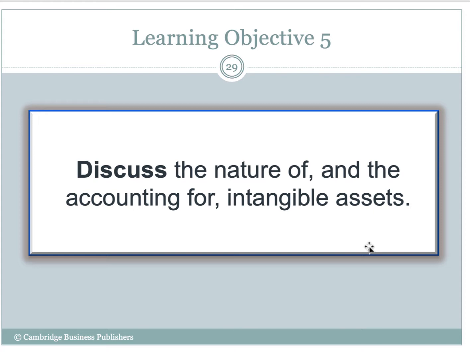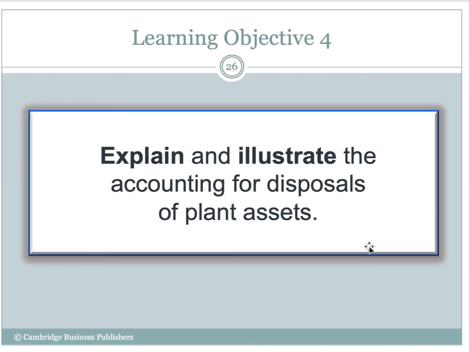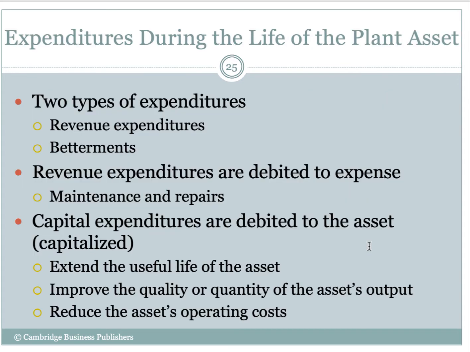So when we come back, we'll talk about intangible assets and what they are, how we account for them, and go from there. But real quick, the real takeaway from this video was differentiating between what type of expenditures we have for a plant asset, right? During the life of that plant asset, we're going to have expenditures.